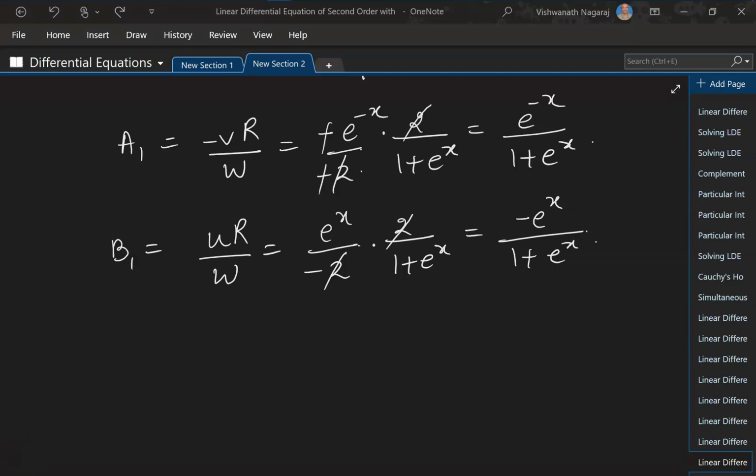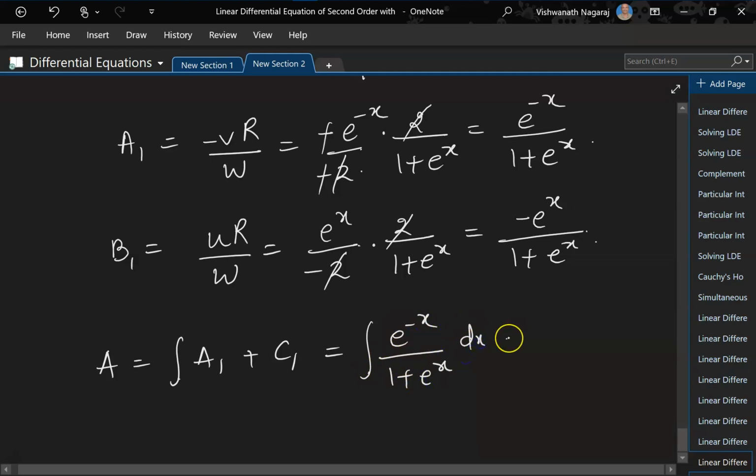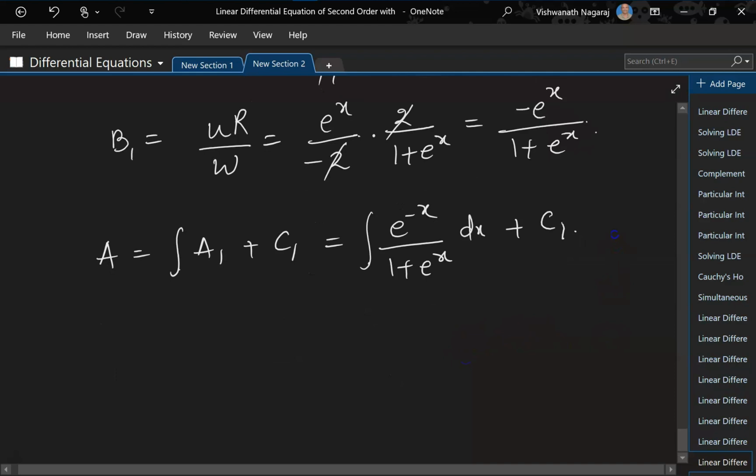So let's figure out a. a would be the integral of a1 plus c1, which is equal to the integral of e to the power of minus x by 1 plus e to the power of x dx plus c1.